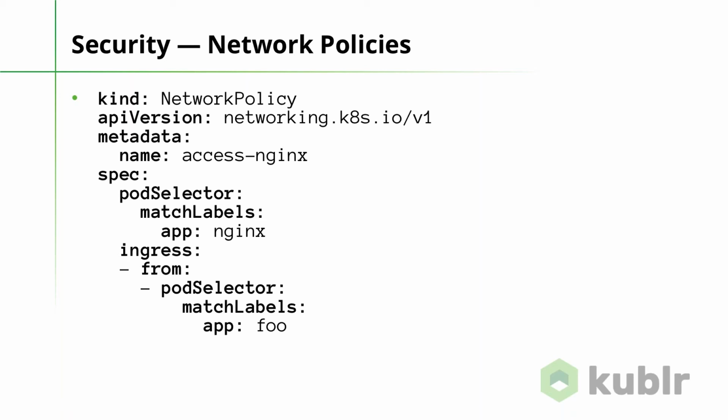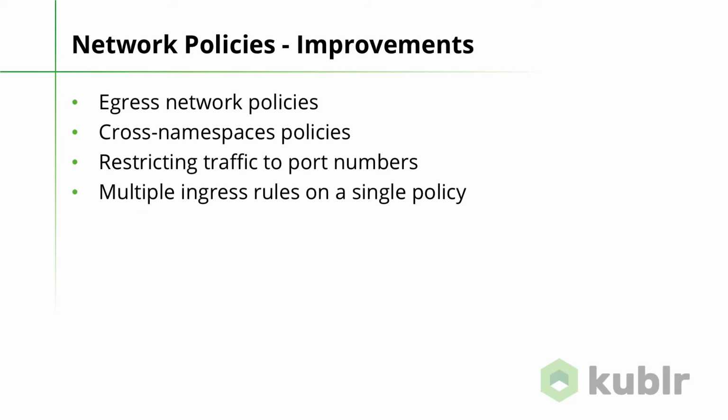Additional changes that we were talking about. First of all, as I just said, egress network policies allow you to configure egress rules in your network policy. Now you can also configure cross namespace policy. The previous network policy worked only within one namespace.